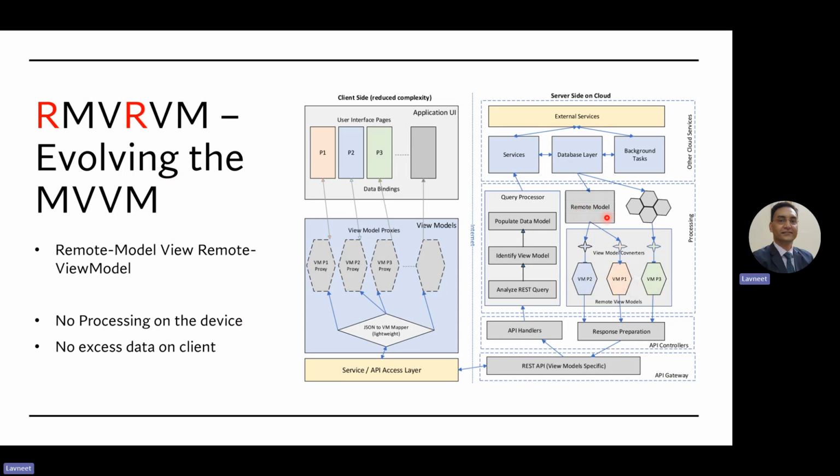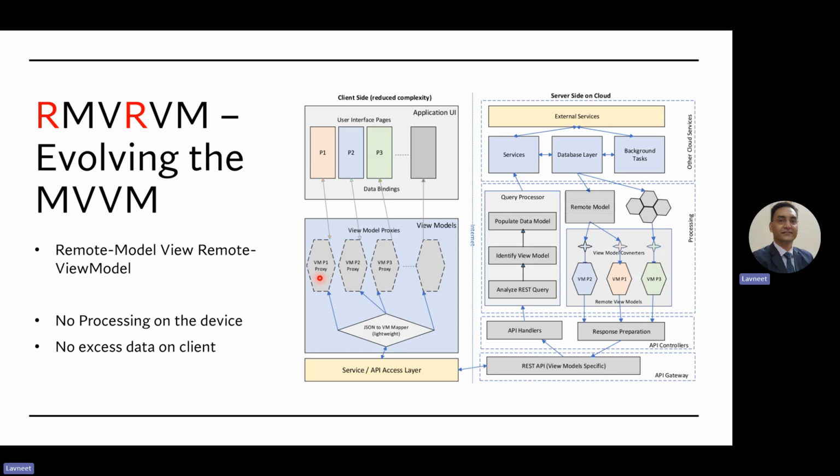The remote model objects that we had in the MVVM on the client side are also now on the server side in RMVRVM. All the processing and conversion is done on the server side, and the API sends the response in JSON, that is, the data required by the view. That response is received on the client side, and there could be a JSON to VM mapper.